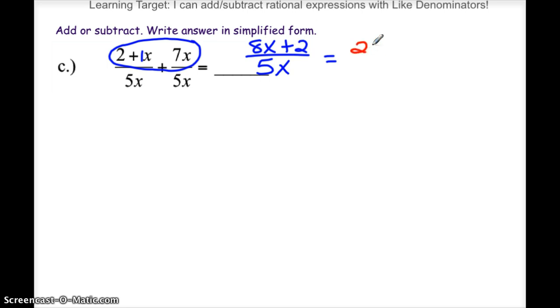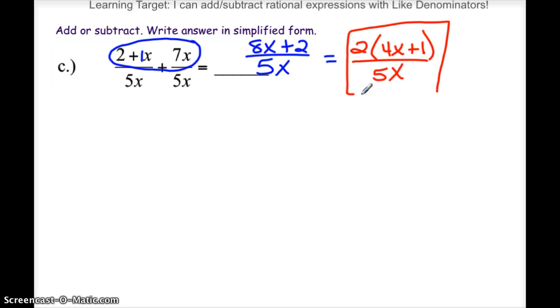They both share a 2. So it's always a good idea, factor it for the heck of it, and see if your fraction reduces any more. But it doesn't, so this would be my simplified answer. Okay? Again, x's don't cancel because this top one is married because of the plus 1, and the bottom one is single, so I can't cross them out.